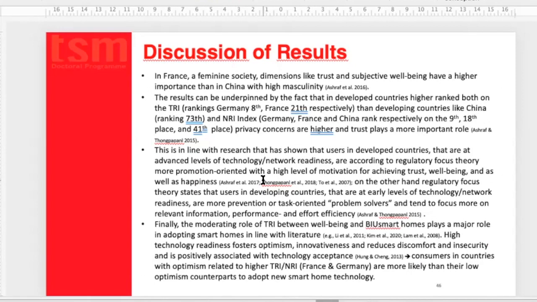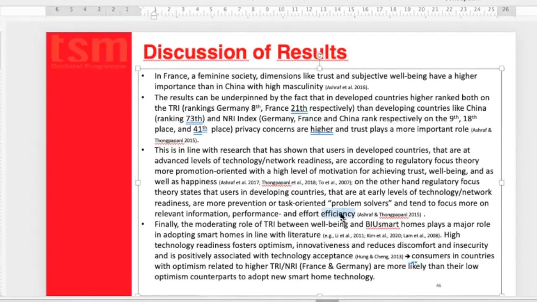On the other hand, in developing countries such as China, which are at early levels of technology and network readiness, they are more prevention and task-oriented problem solvers, and thus tend to focus more on performance and effort expectancy. So this is confirmed by the literature.